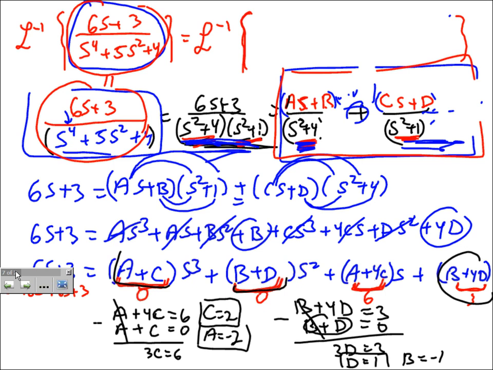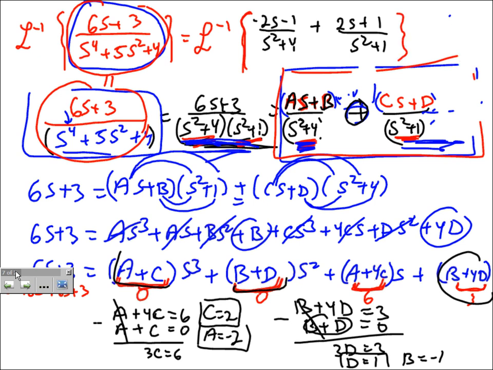So it's as plus b on the top, so it's negative 2s plus b, which is minus 1, over s squared plus 4, plus cs plus d. C is 2, so it's 2s plus d, d is 1, over s squared plus 1. And I can put the closed bracket there.